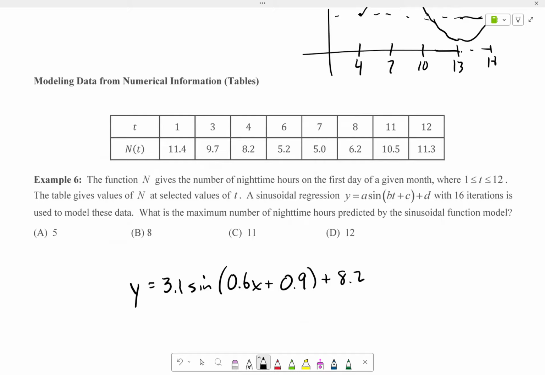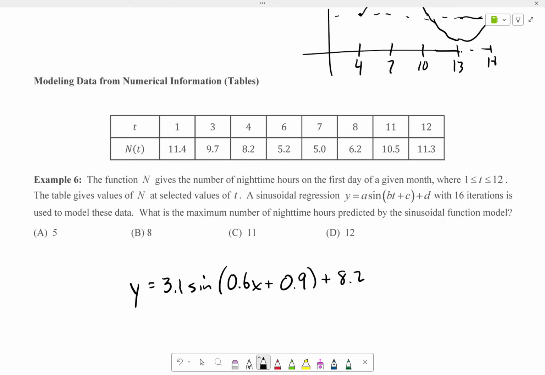Wait, so for our period, do we put 12 or do we put 16? Well, the period is the nighttime hours in a year, so the period is 12. And the iteration though, what is iteration? We haven't spoken about that before. Iteration is something your calculator allows anywhere from 3 to 16, and the more you do it, the more accurate your graph is going to be.